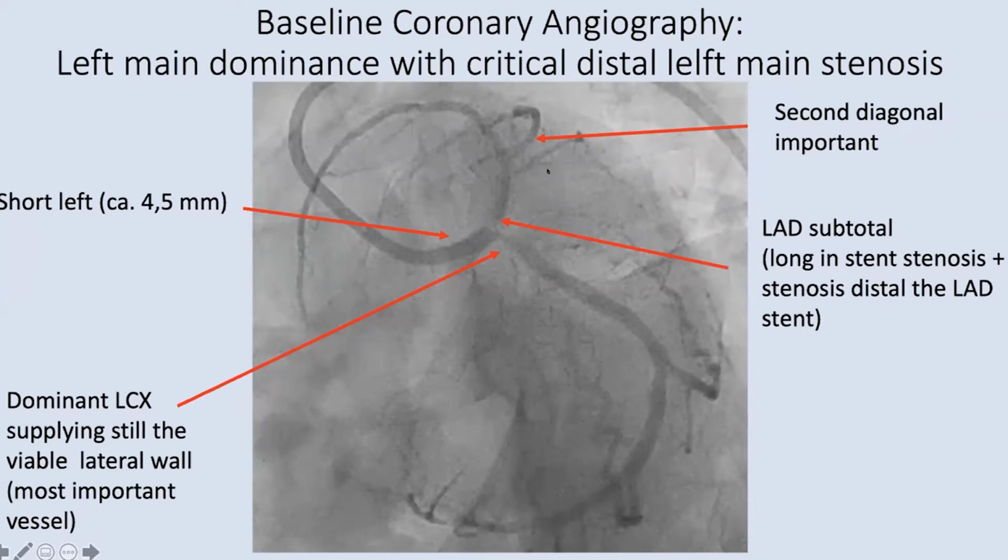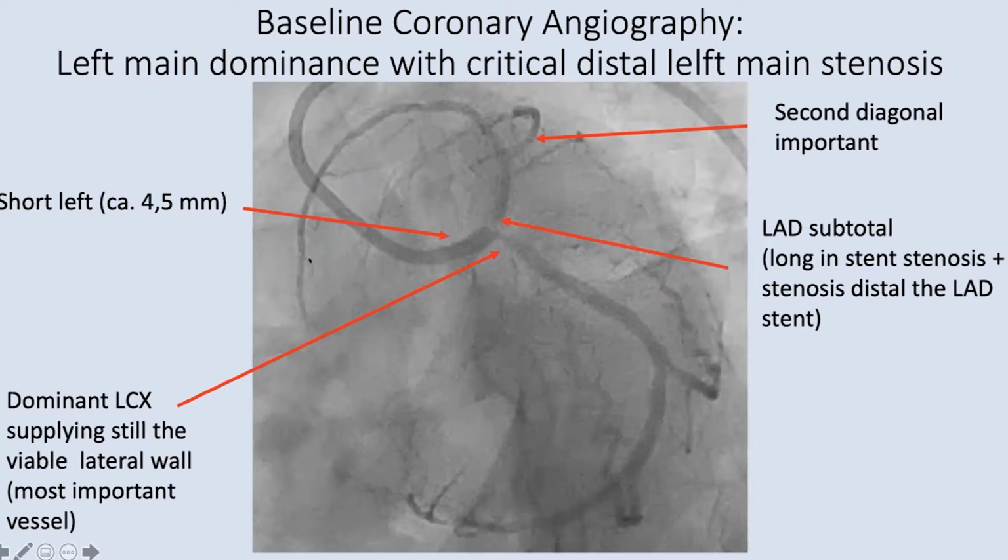There are two diagonal branches. The second one is a bit larger. They should, from my perspective, be kept open. And there is a huge dominant LCx with subtotal stenosis. We saw after the first presentation there was some compression here of the ostial circumflex. If we see running movies, we could imagine the circumflex is still supplying viable myocardium.